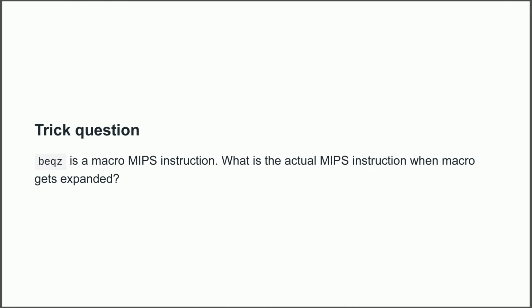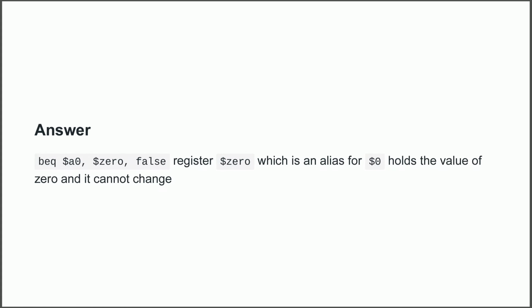Let's continue. So we talked about beqz, and then we found out that it's a beq instruction actually. And so there's another way to write that conditional. The hint I can give you is using branch not equal.